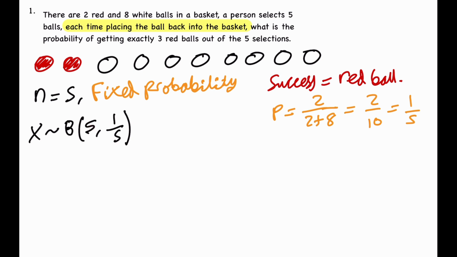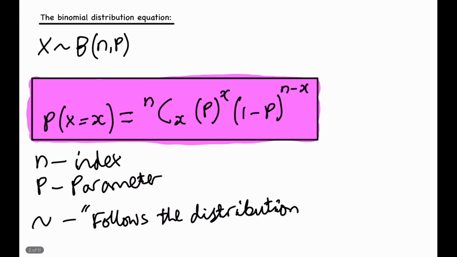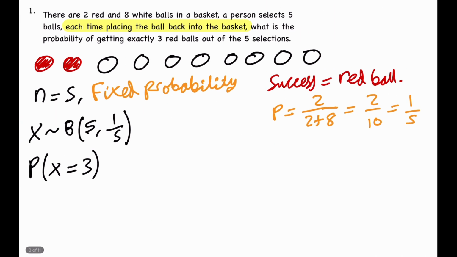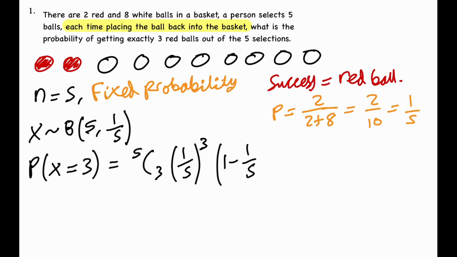And remember, we're trying to find the probability that x, the number of red balls, is equal to 3. We can use the formula from before, and we can use the choose function. So it's equal to 5 choose 3 times 1 over 5 to the power of 3 times 1 minus 1 over 5 to the power of 5 minus 3.